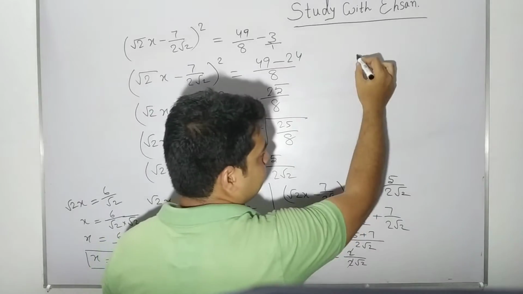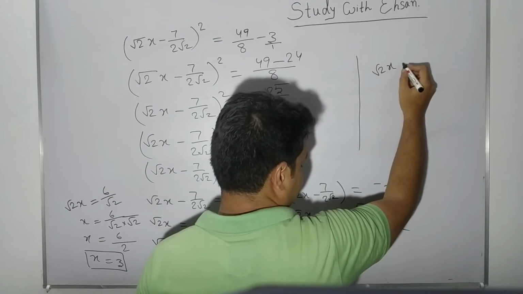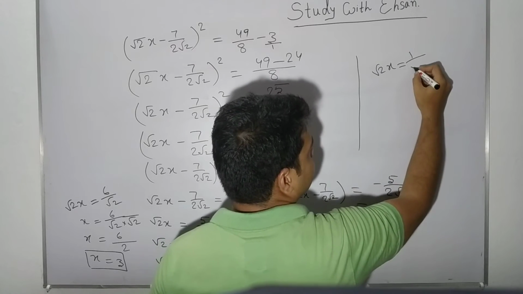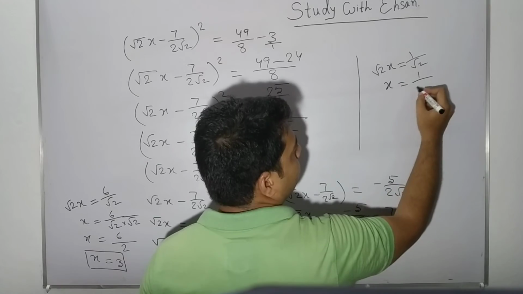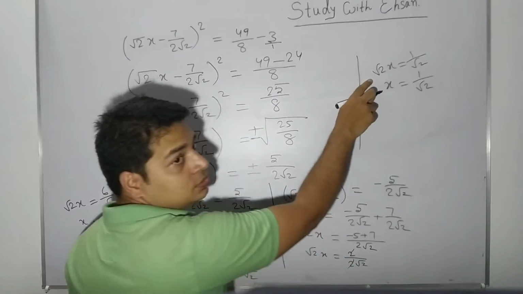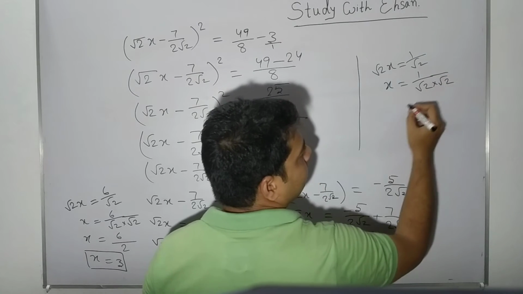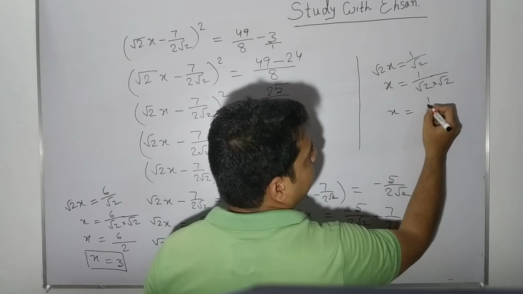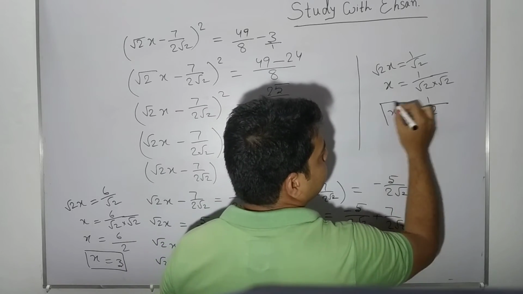Root 2x is 1 upon root 2, and from here x will be 1 upon root 2, and when this root 2 comes here, it will be in multiplication. Then x equal to 1 upon, and we know root 2 when multiplied by root 2 is 2.